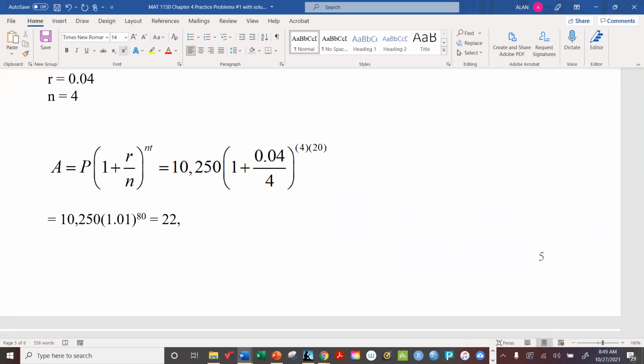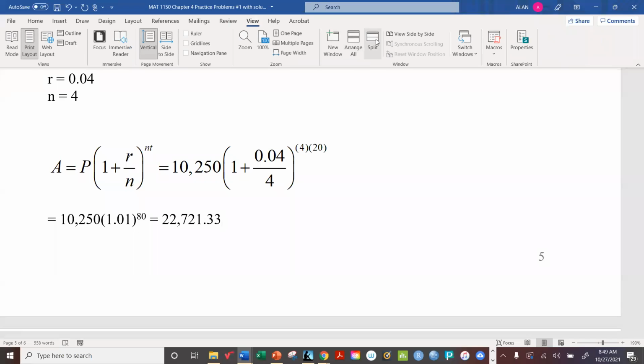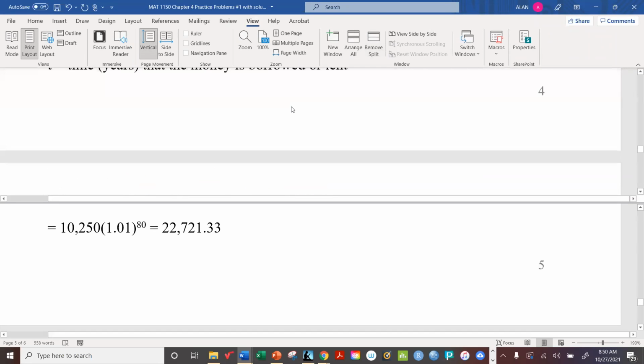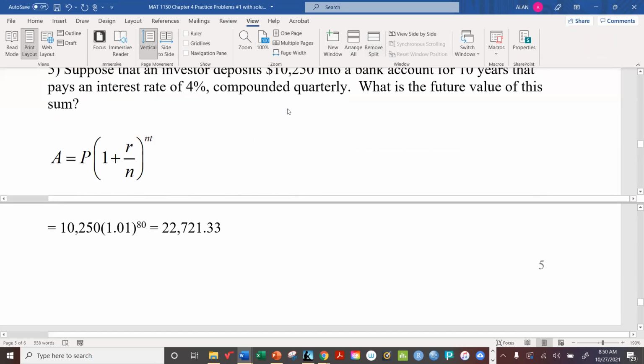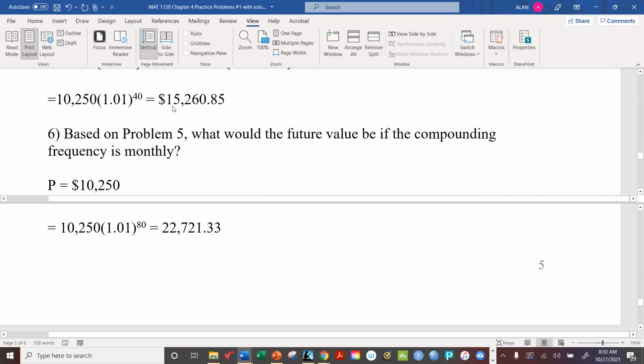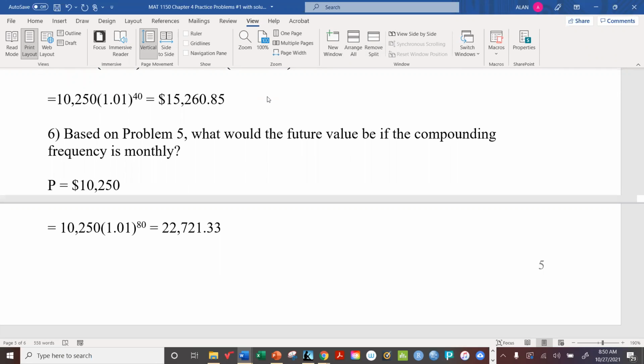No, sorry, 721.33. So if you compare this one, let's split the screen here so you can see them side by side. The first case where we had 10 years, but still quarterly compounding, in other words, question 5, we ended up with $15,260.85. So it didn't double, but it did go up quite considerably.